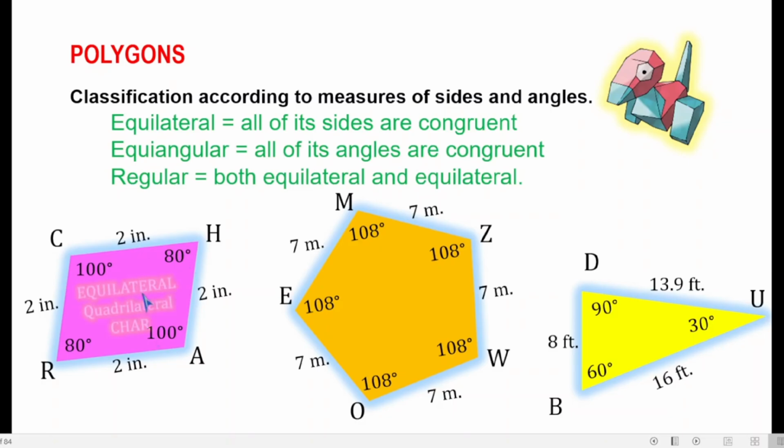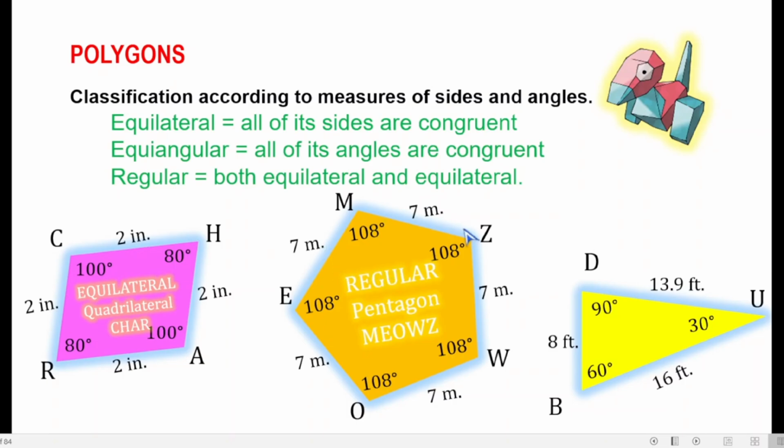So for this, we only have equilateral, as you can see. Quadrilateral CHAR. The only equal parts here are the sides. So it is equilateral. It has 4 sides, quadrilateral, and we name it CHAR. We started with C. Okay, for this one, what do you think? This is a regular pentagon, MEOWZ.